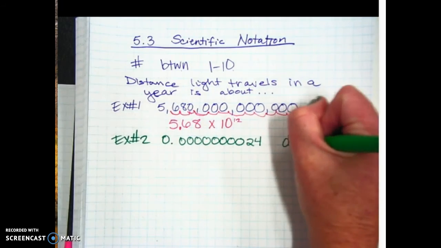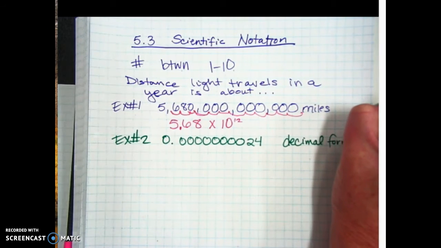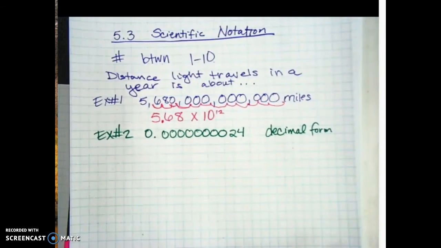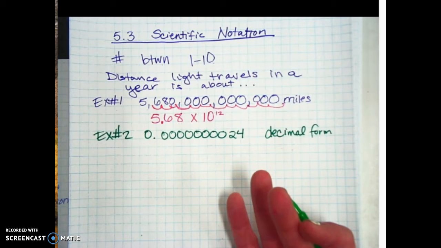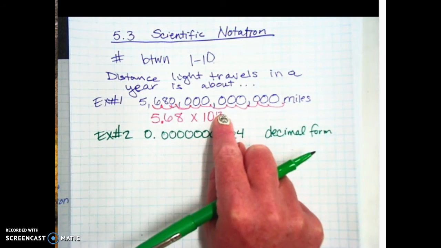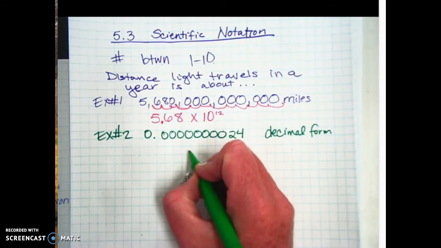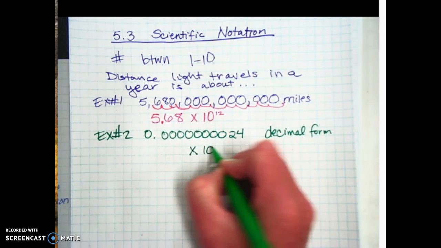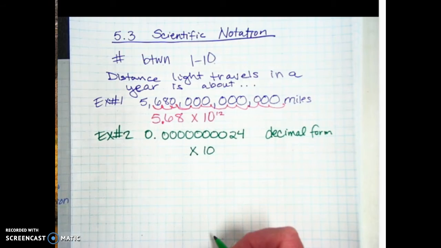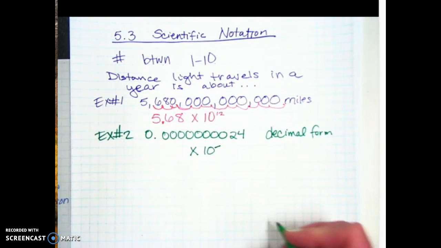So this is what we call decimal form, or decimal notation. And this is obviously going the other direction. The previous number was really large, and its exponent ended up being positive. This is a really small number, so when we write it in scientific notation, its exponent is going to be negative.